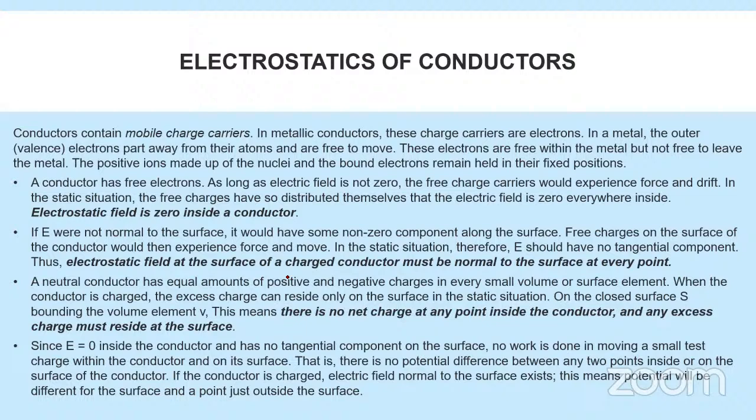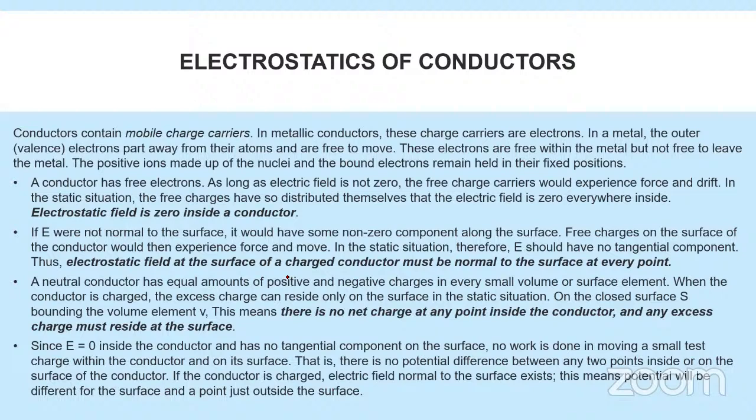Okay, and the next property is that, as we had also seen before when we were trying to understand the electric field over a surface, suppose there is a charge configuration over a surface. If the electric field is not normal or not perpendicular to the surface, then we will have a non-zero component along the surface. So the free charges on the surface of the conductor would then experience force and move.